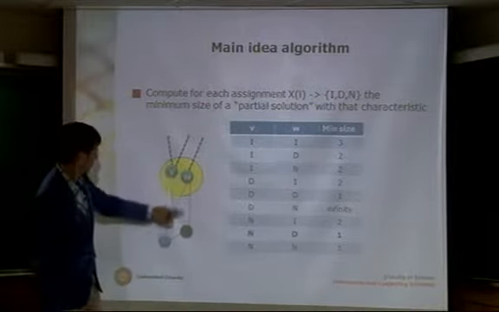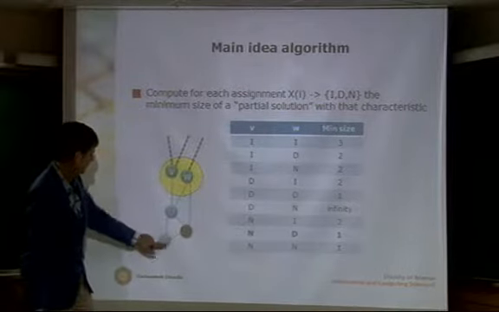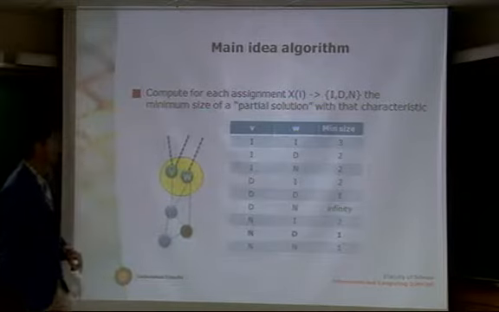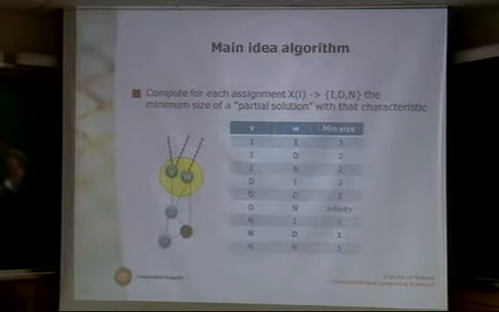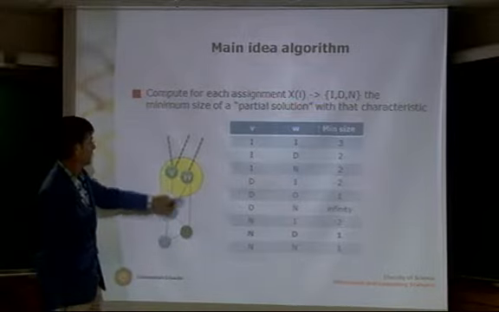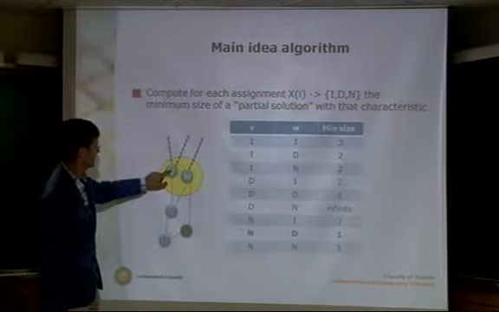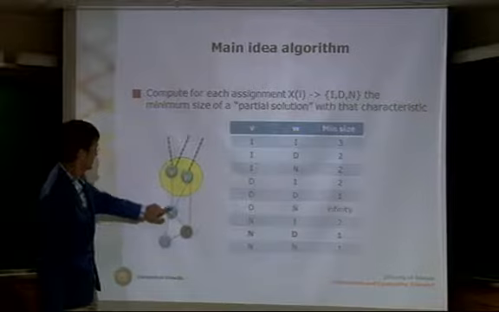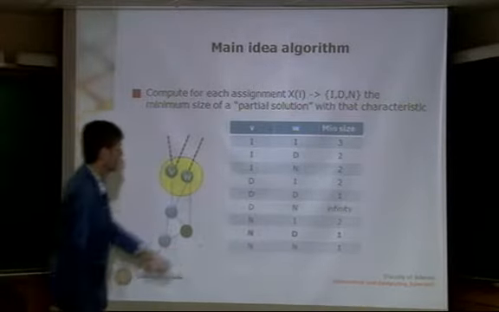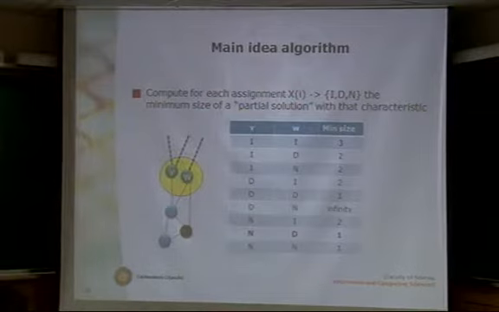I have V, W, and I need one of these 3 because I need to dominate this one yet. So 1, 2, and 3. If I'm in the dominating set and this one is dominated, then the best solution is 2, because I take V and I take this vertex here. And so you have this for all the 9 combinations.